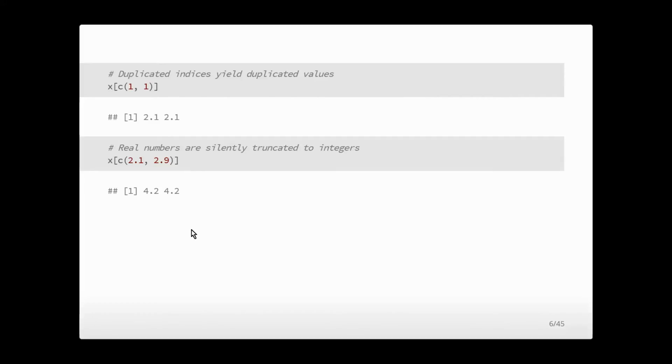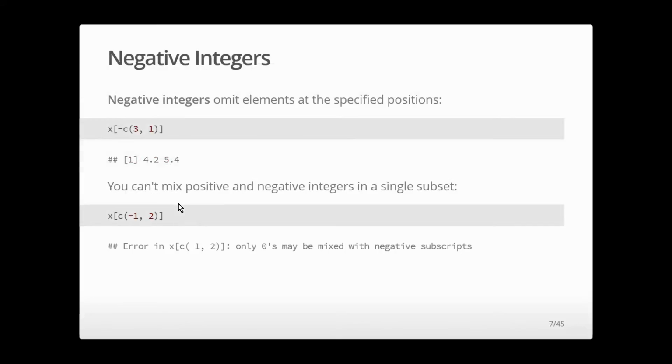If you ever stick in decimals, they just truncate them. So if you say 2.9 and you're using that as a subset, it's going to just return the second element. It doesn't return an error. It just says, I'm going to do the best I can with this. Perhaps that is what you want, or that isn't what you want. Just watch out for that.